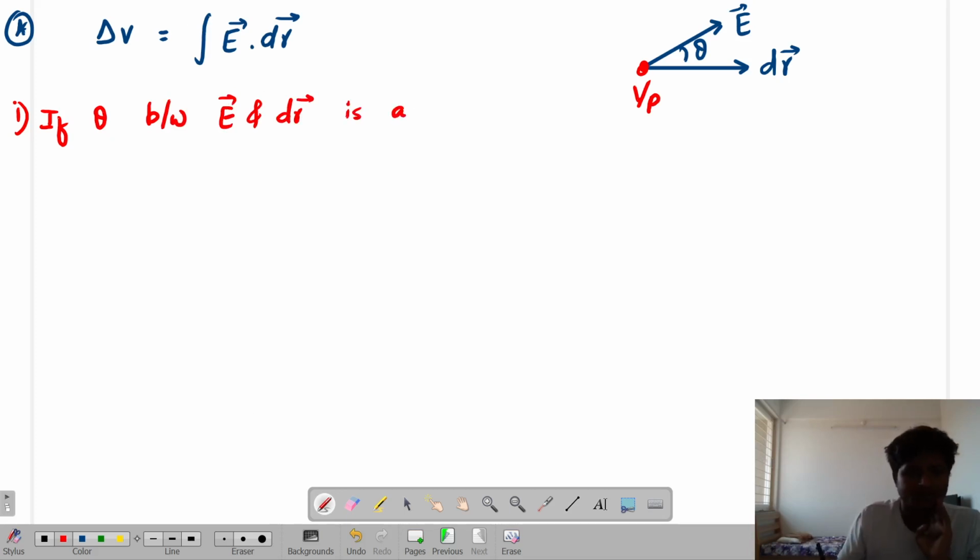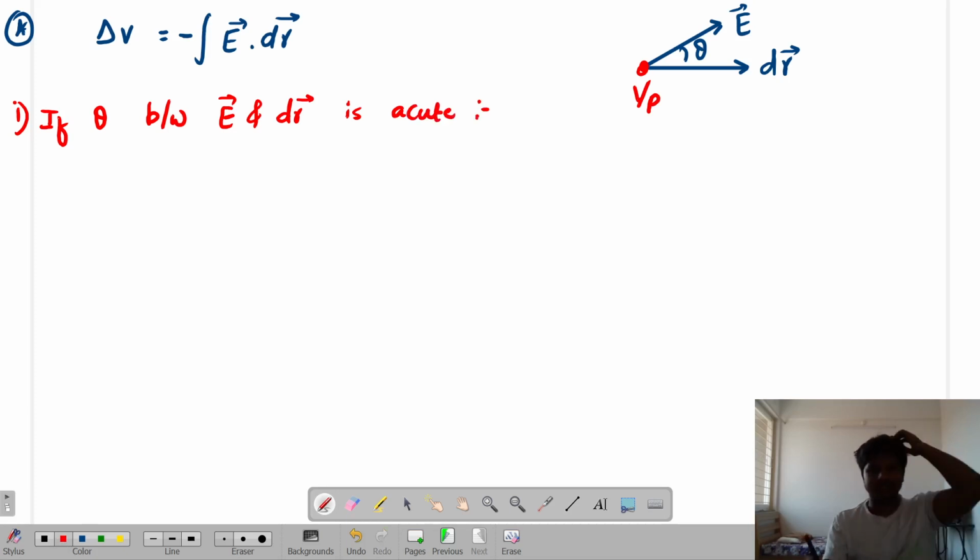Sorry, I forgot to point one thing. Here it is minus. Okay, understand this. So if theta is acute, then cos theta is positive, isn't it?